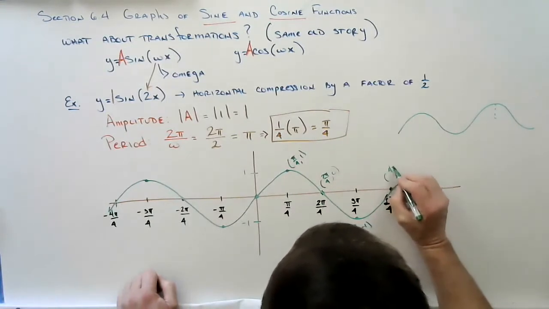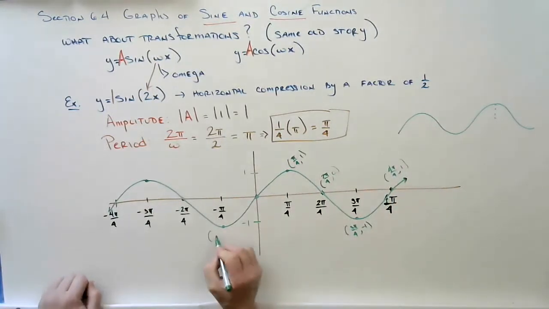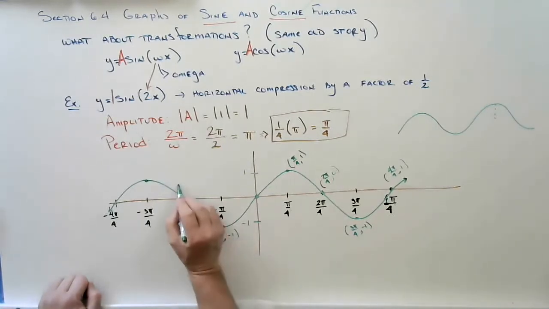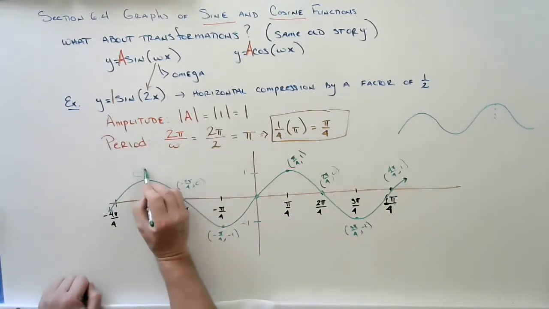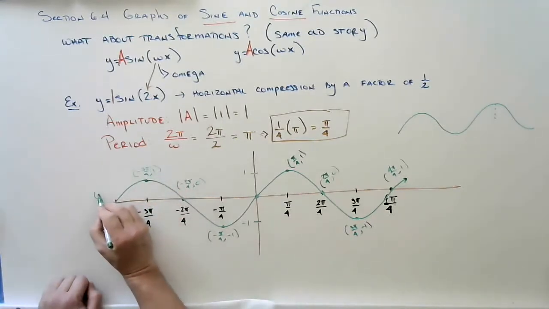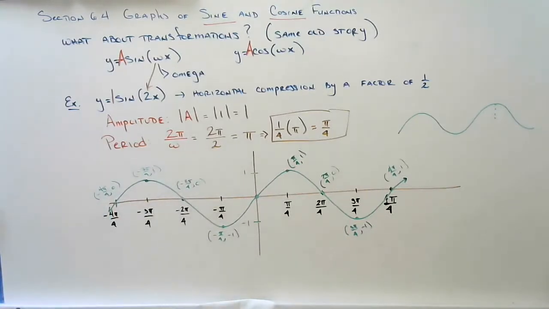That's 4 pi over 4, +1. And then we would label the other side: negative pi over 4, -1; -2 pi over 4, 0; -3 pi over 4, +1; -4 pi over 4, 0. That will get you 100% on the test.